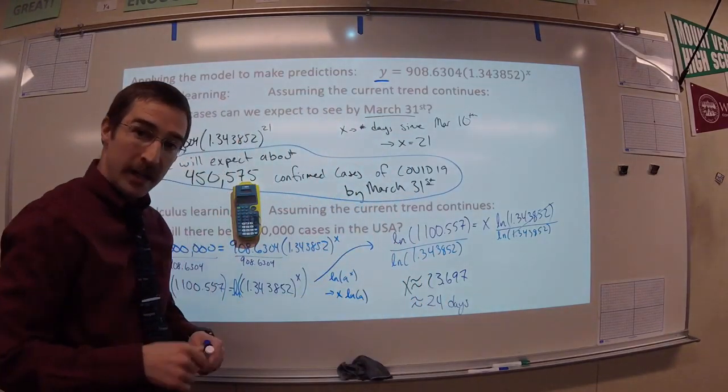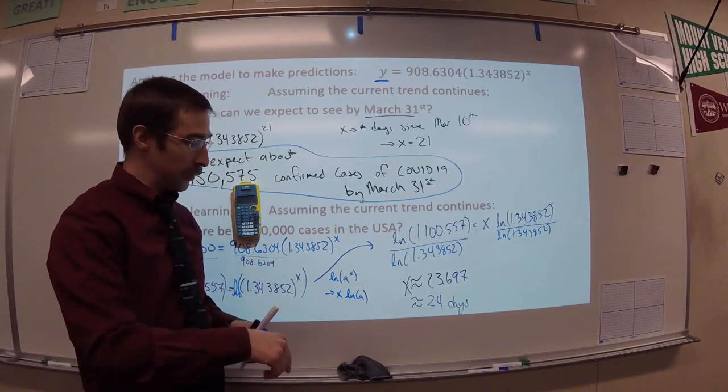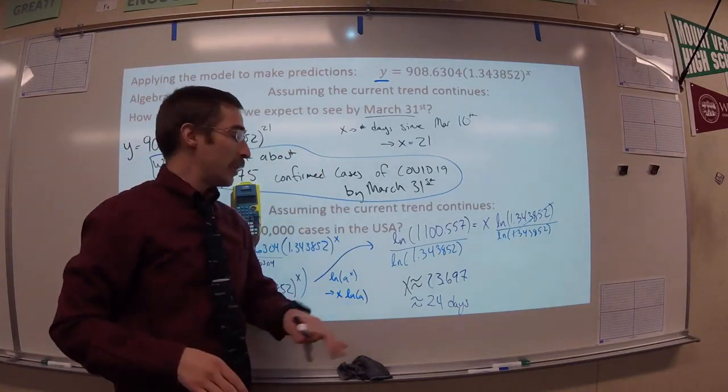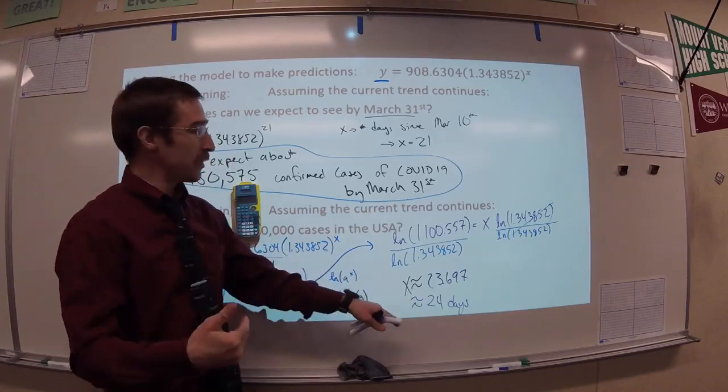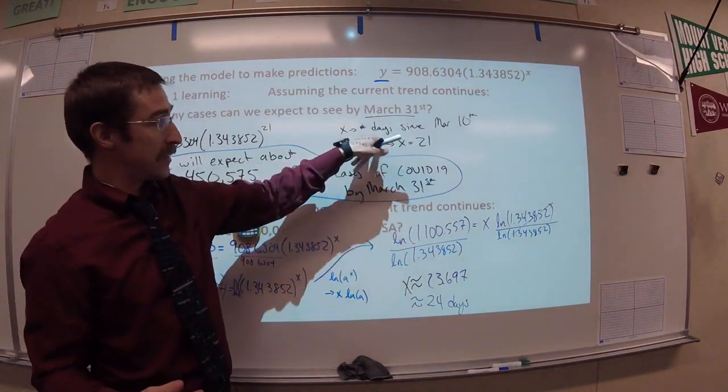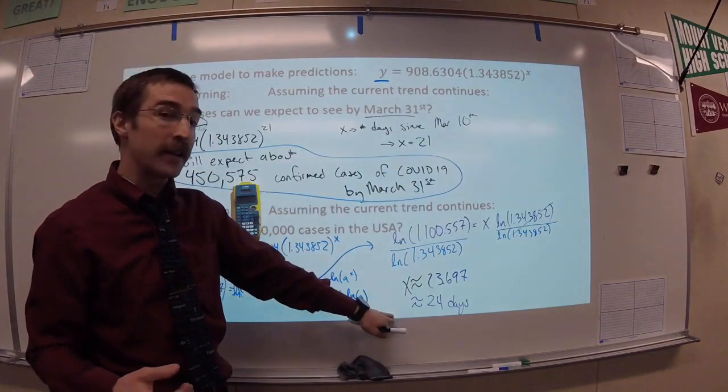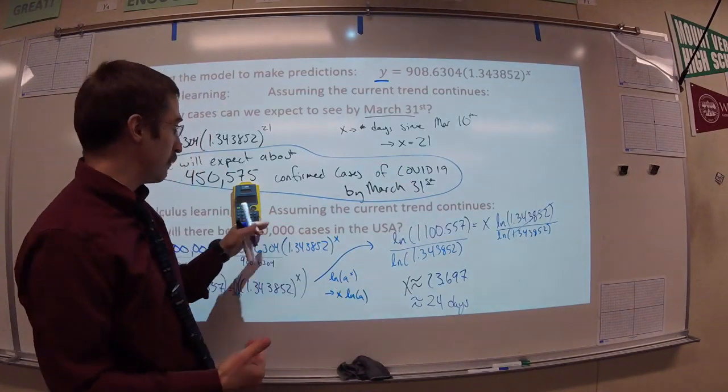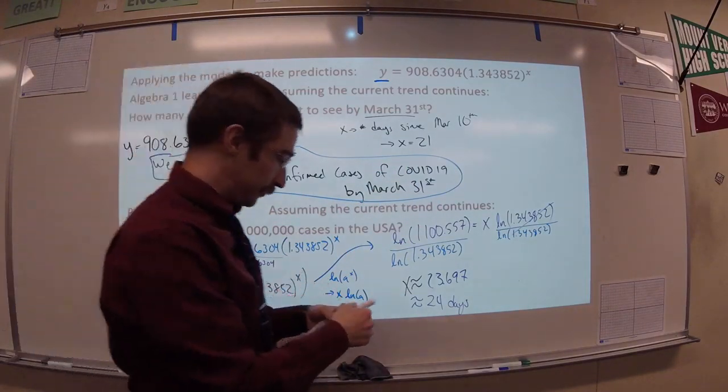So about 24 days from right now, March 23rd, or not from March 23rd, sorry, 24 days from March 10th, because remember that's what X is, days since March 10th. 24 days after that, we would expect there to be 1 million cases in the USA.